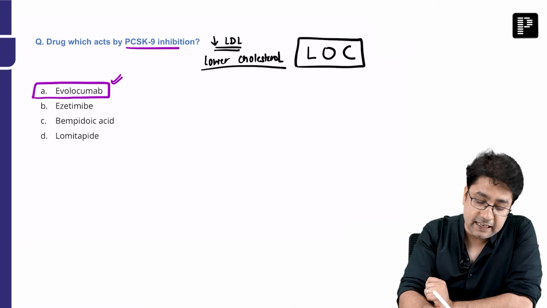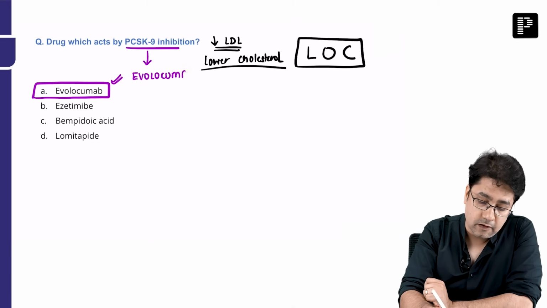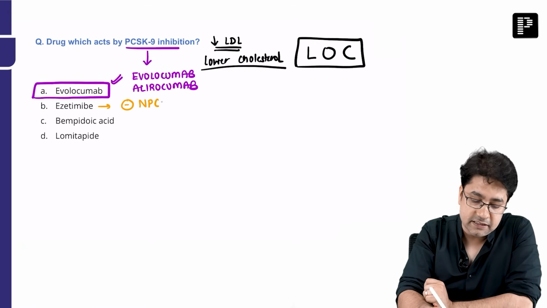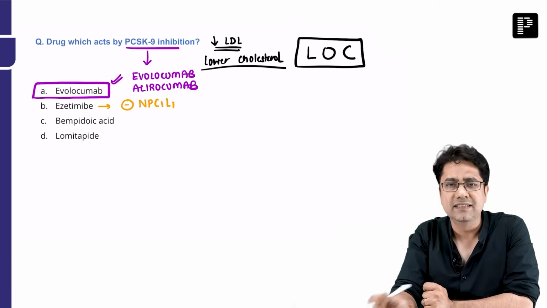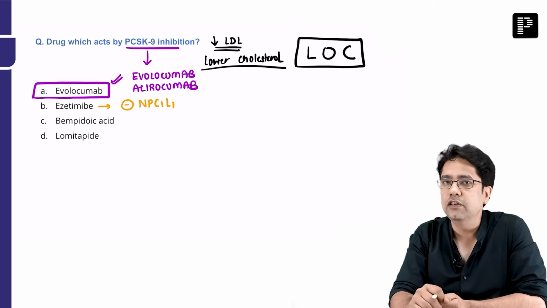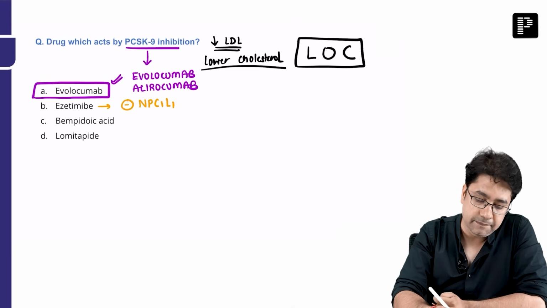So, PCSK9 inhibitor, the drugs are evolocumab, alirocumab. They have been asked repetitively many times from past 5 years. Other drugs, ezetimibe, it is an inhibitor of a protein known as NPC1L1, Niemann-Pick C1-like transporter, which reduces cholesterol absorption from GIT.